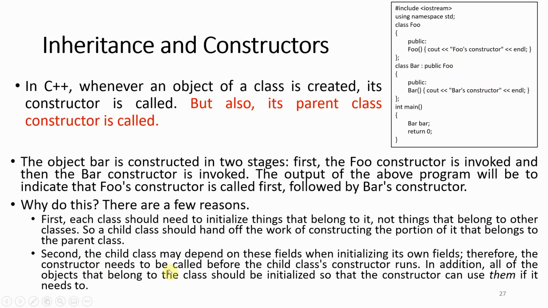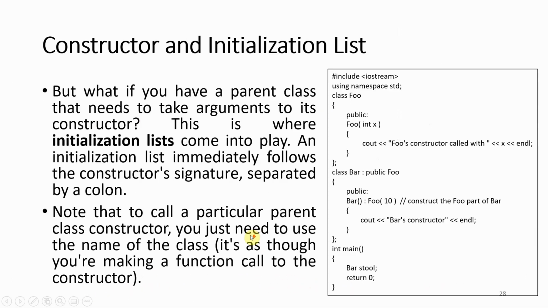Therefore, the parent constructor needs to be called before the child class's constructor runs. In addition, all of the objects that belong to the class should be initialized so that the constructor can use them if it needs to.